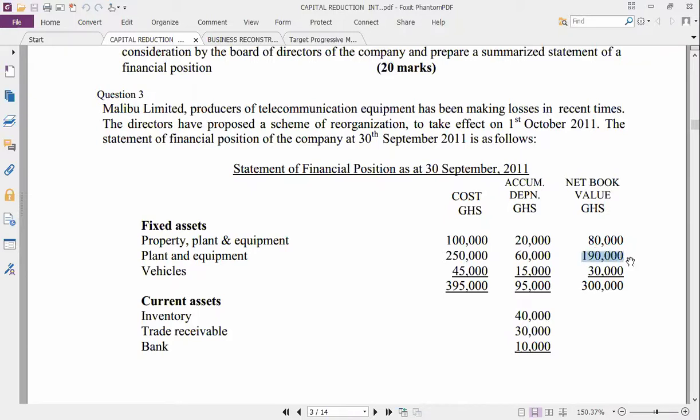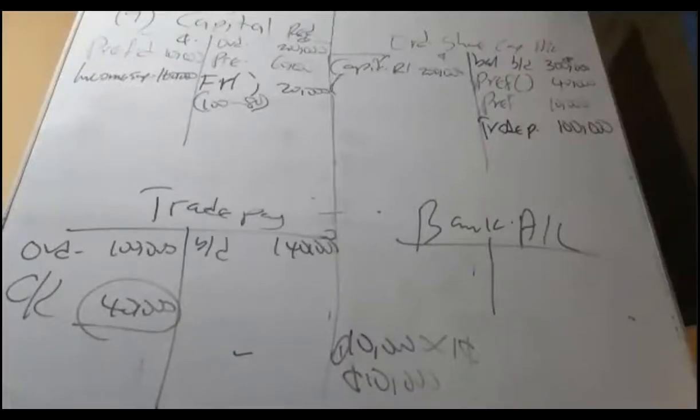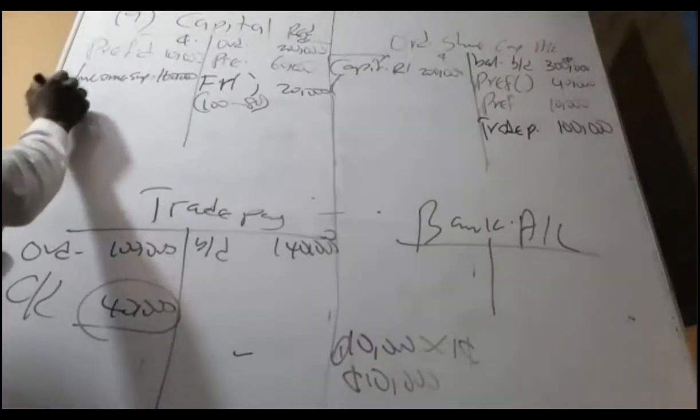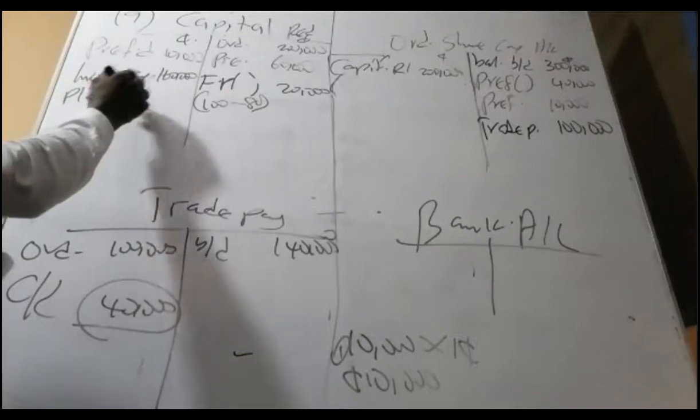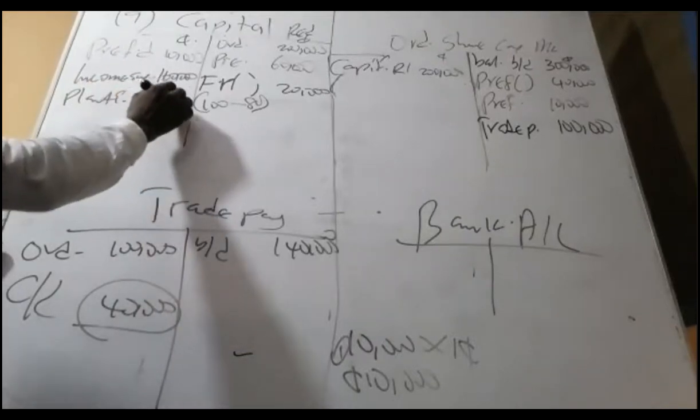But the fair value is what? 125. So there's a loss of what? 65. Good. So a loss of 65. So that one is plant. So I will call it plant and equipment, loss of 65. You should work it nicely for us.